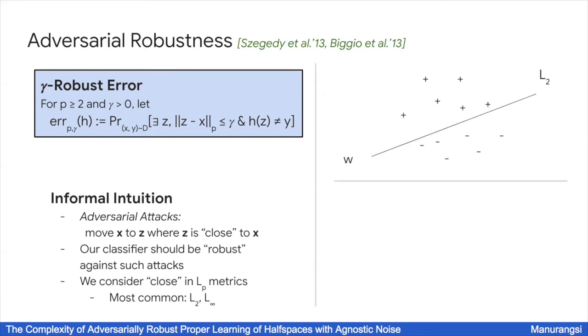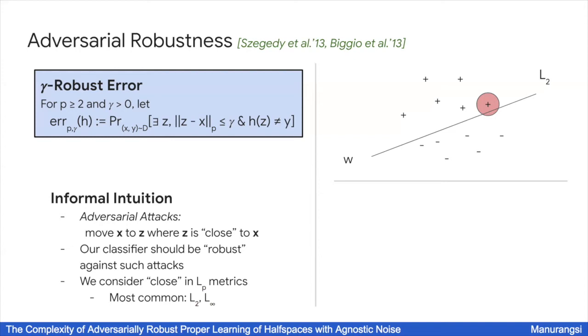Just to give you an example, in L2, if this is our distribution D and this is our W, the standard notion of classification error will say that this half space has 0 classification error. However, if we look at the gamma robust error, the adversary can pick any point that is within radius gamma to that particular point.